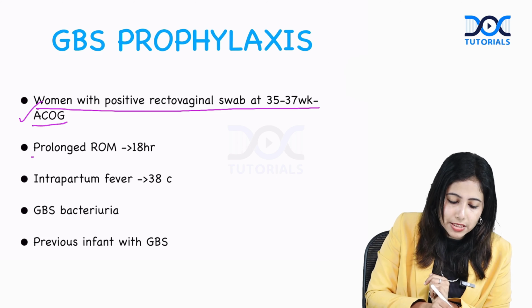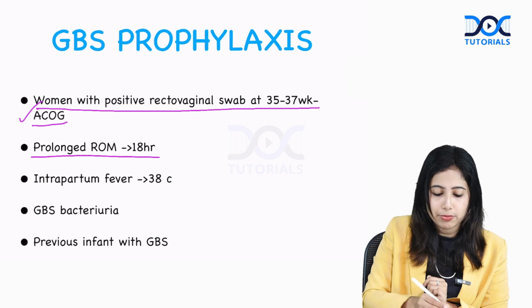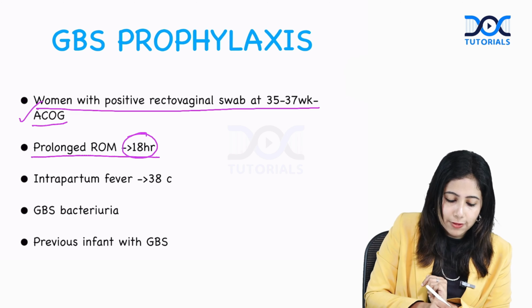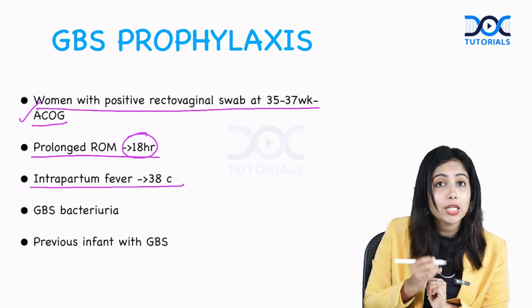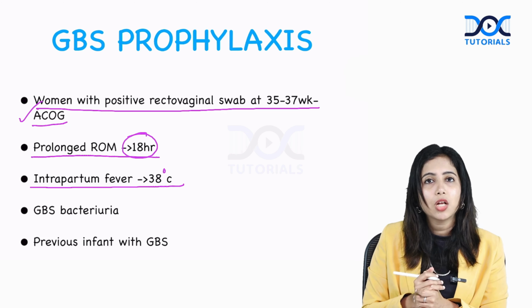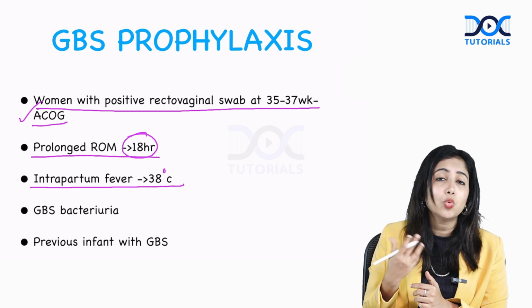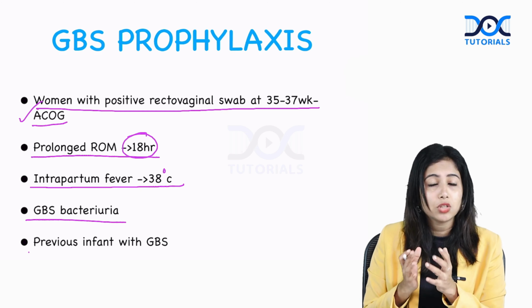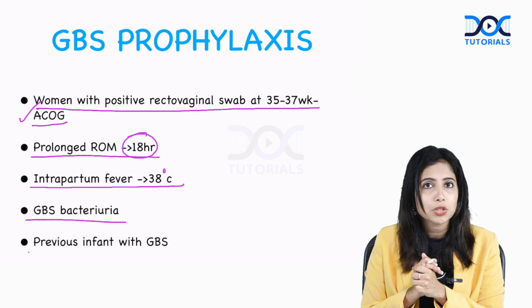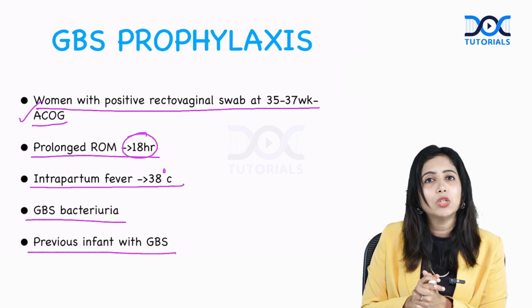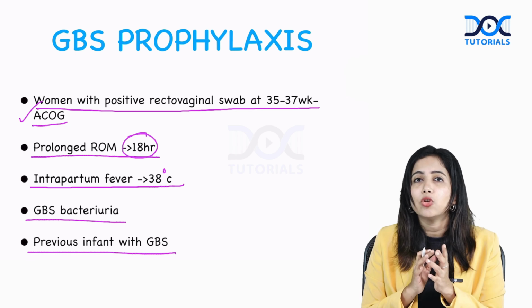Also, as we discussed, if there is prolonged rupture of membranes beyond 18 hours, you have to give GBS prophylaxis. If the patient has fever during labor, intrapartum fever more than 38 degrees Celsius, or if any time you have checked the urine and it showed GBS bacteriuria, group B streptococci present, again you are going to give. Or if a previous baby was affected with GBS, again you are going to give.